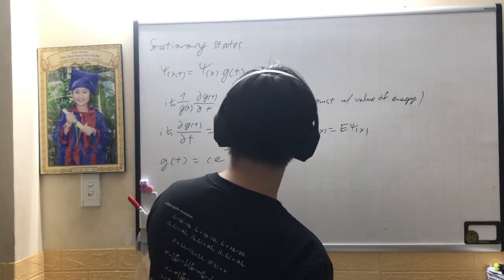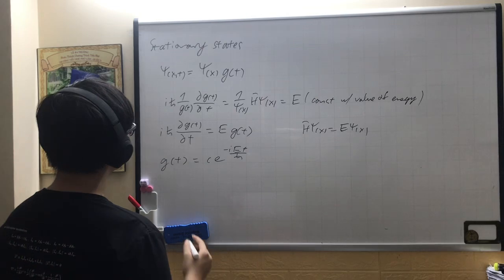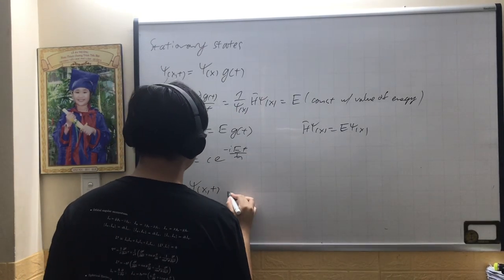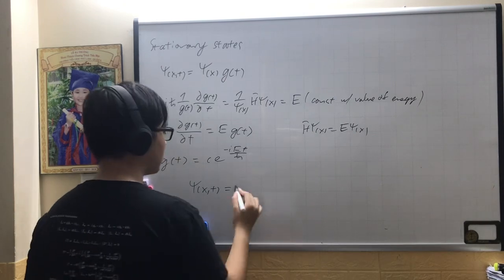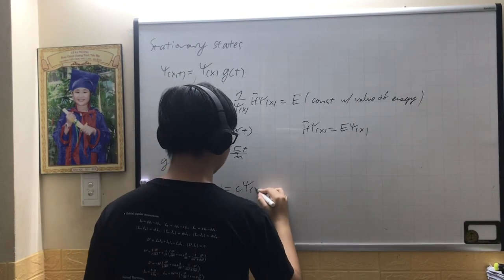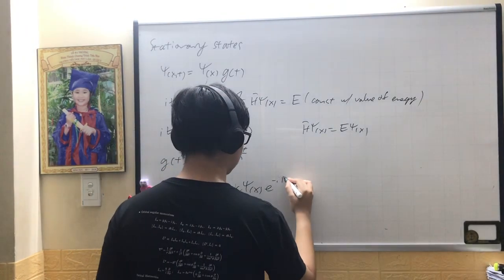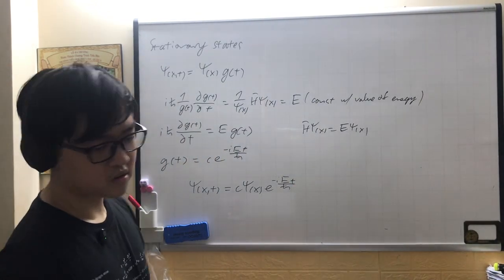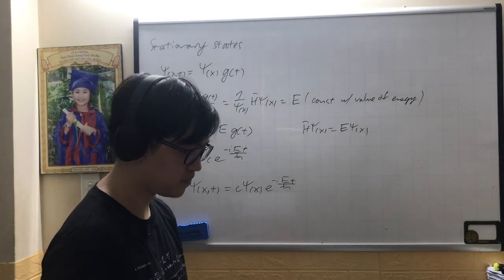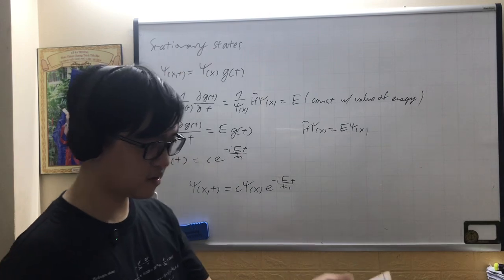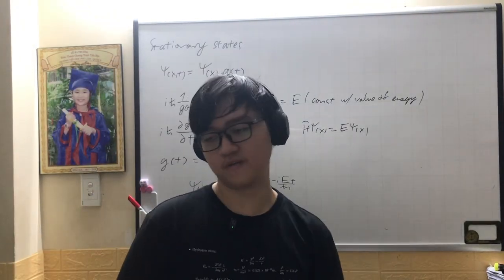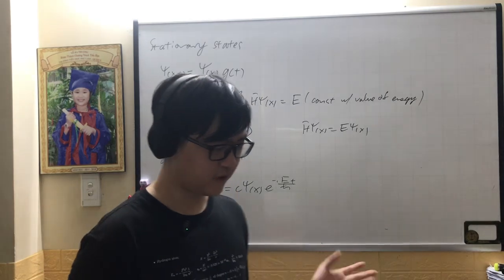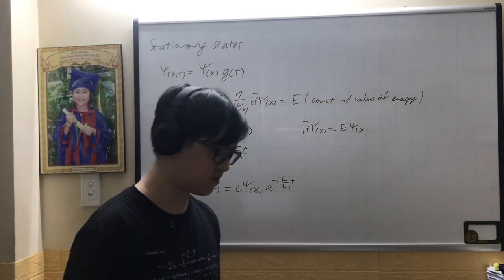Now you merge these two into your doubly dependent function. You would get c psi of x times your time part. There we go. This is what you would get if you factor them out, consider them independently of each other, and then merge them back into one big function that depends on both x and t.